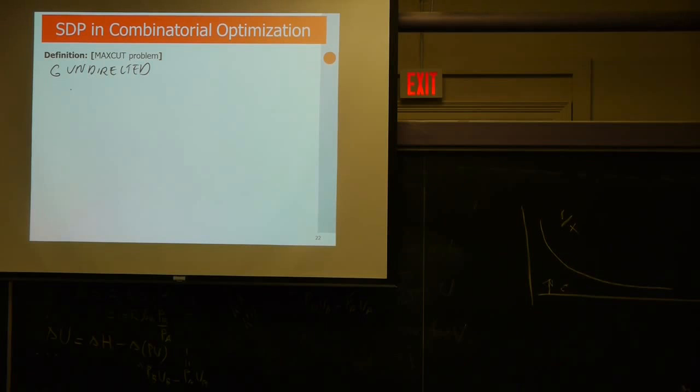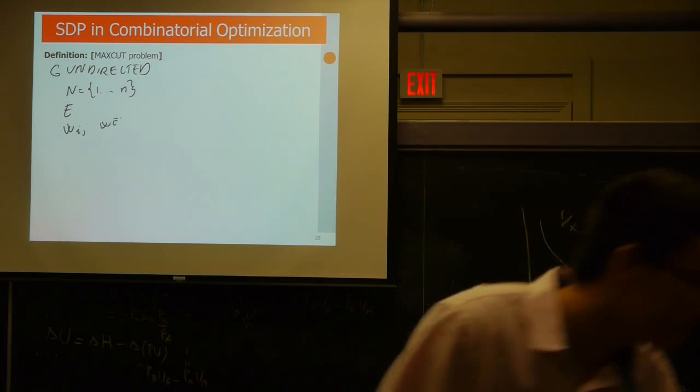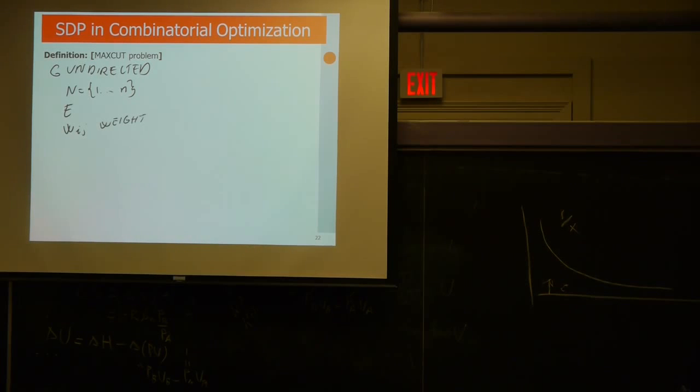It has a node set N, and it has an edge set E. And let's assume that Wij is a weight on the edge from i to j.